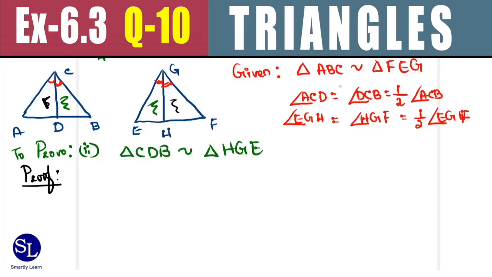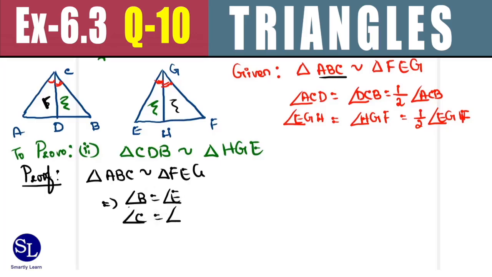Triangle ABC is similar to triangle FEG. So this implies angle B is equal to angle E, and angle C will be equal to angle G. This implies half of angle C will be equal to half of angle G.